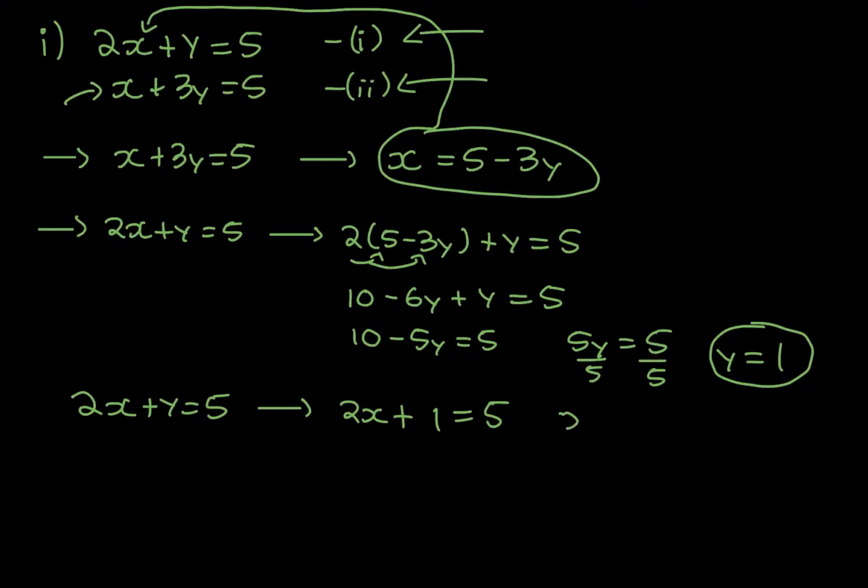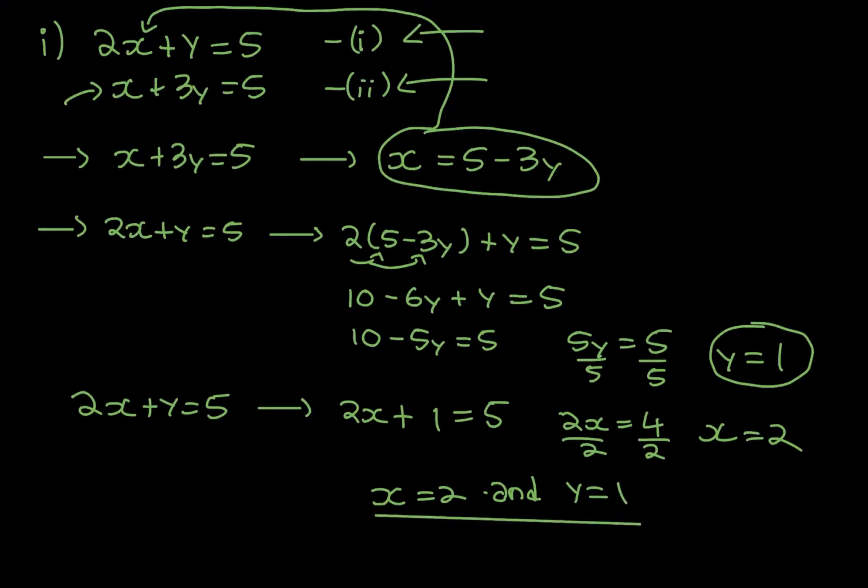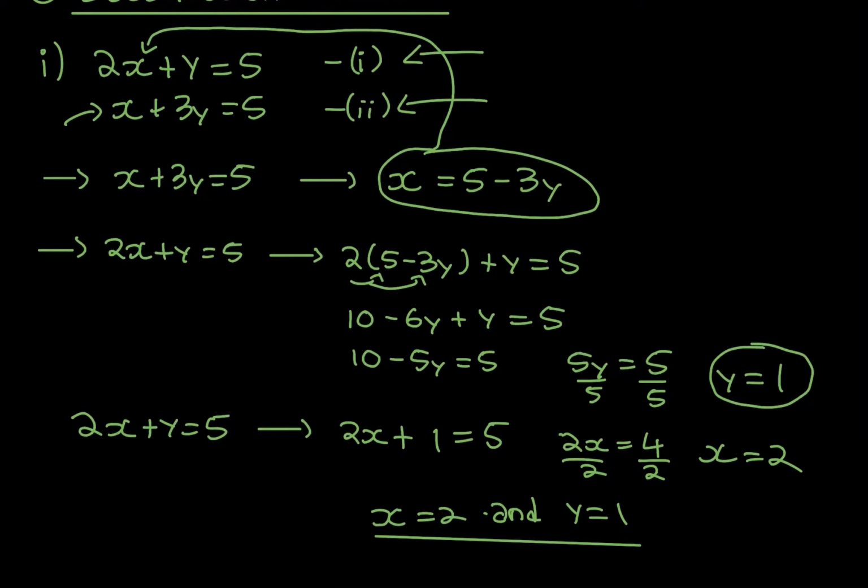Then this gives me 2x is equal to 4. Divide both sides by 2 and I get x is equal to 2. So therefore x is equal to 2 and y is equal to 1. Both of these solve the two equations simultaneously.